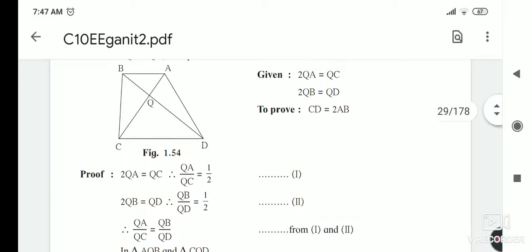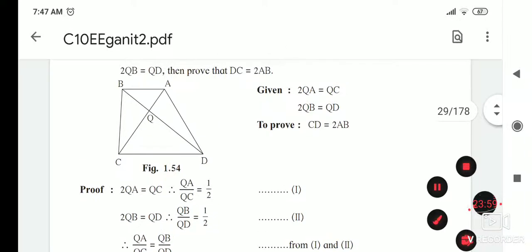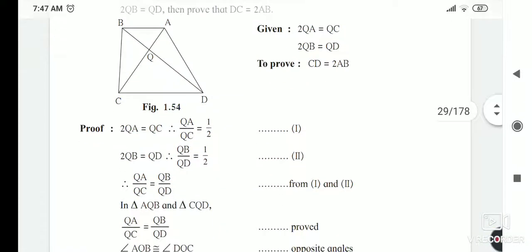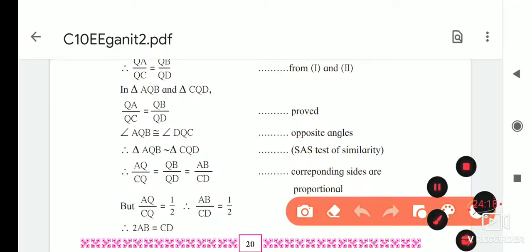After that, what do we have to show? We have to show these two triangles, AQB and CQD, similar to each other. Just now we showed these sides are in proportion and this is the vertically opposite angle, that is BQA and CQD. They are congruent to each other. Okay, and therefore these two triangles are similar to each other by SAS test of similarity.